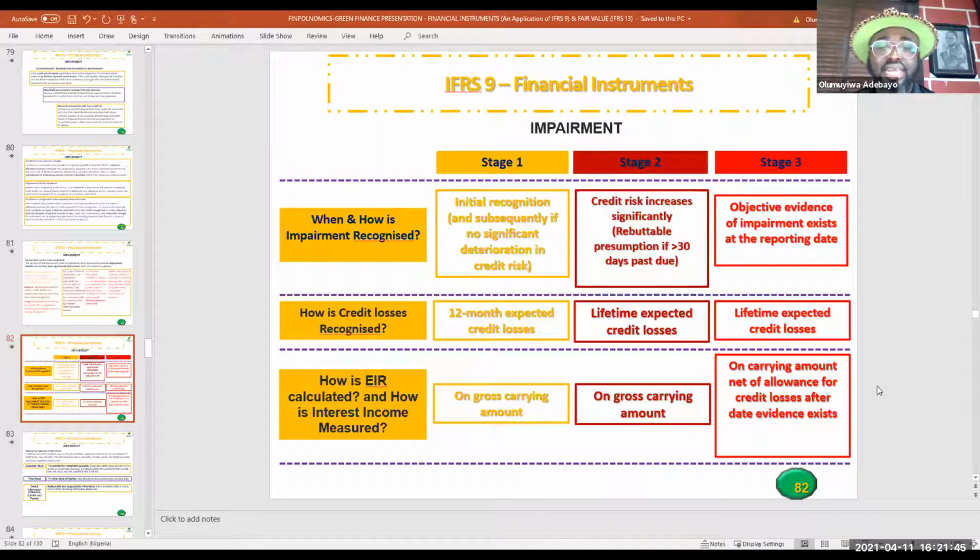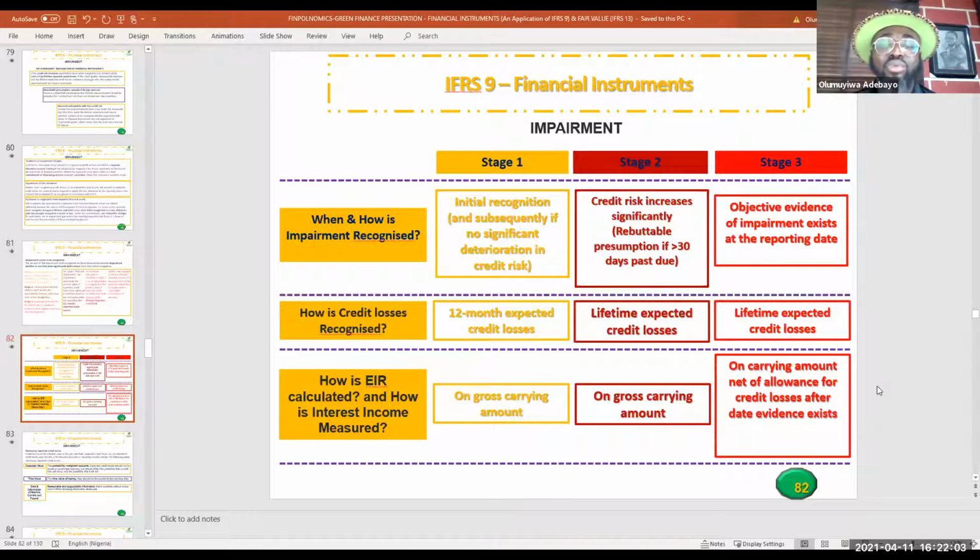And as I've said earlier, the gross carrying amount is the carrying amount of financial assets, majorly at amortized cost, without giving consideration for the allowance for credit losses. That is, without deducting allowance for credit losses.